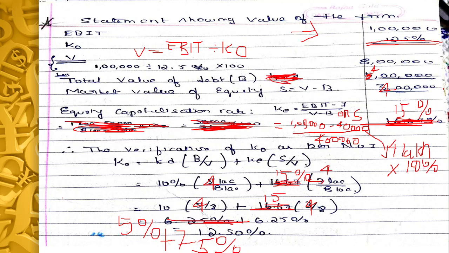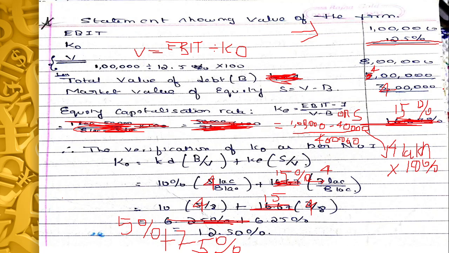Now, we said irrespective of whatever portion the debt and equity may be, the value of the firm will not change. And on the other hand, what does happen? See, the value of the firm is not going to change, but when debt is increased, what happens?